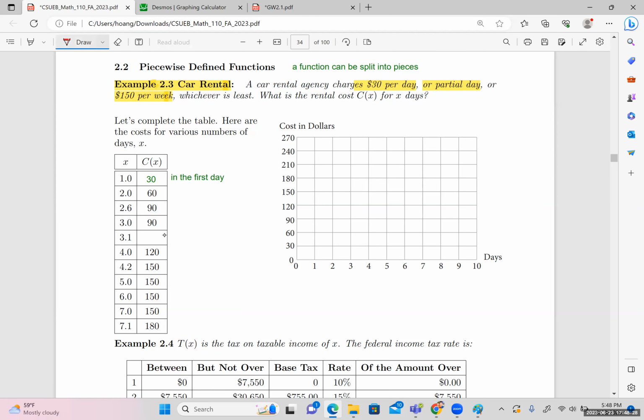This will be the same amount. What about after 3 days? After 3 days, you don't want to pay 90 again, right? You're going to pay 90 plus 30, which is 120.